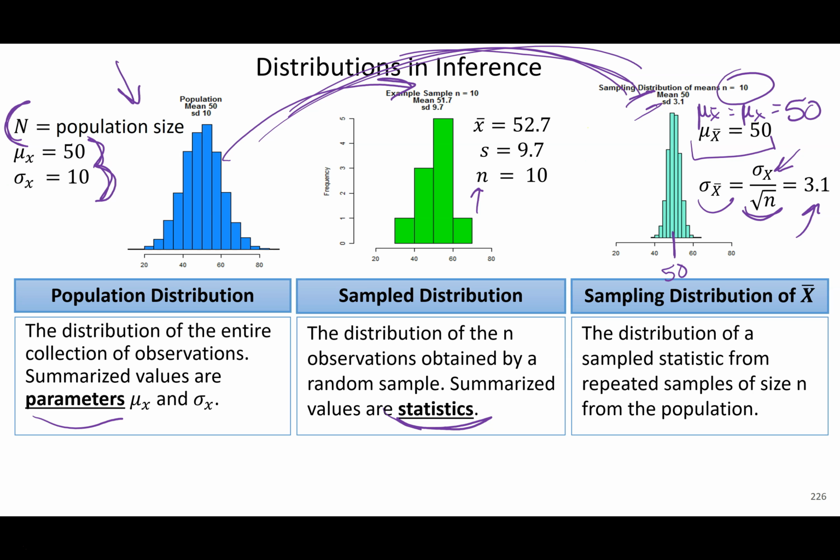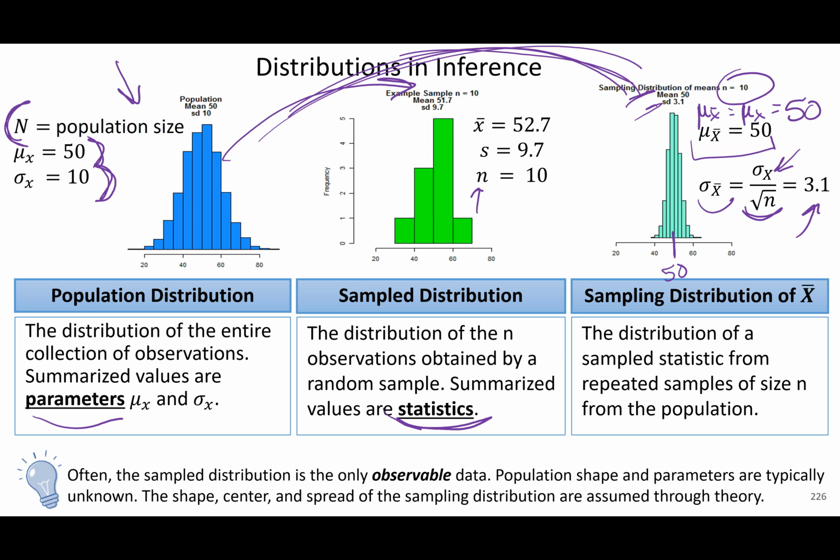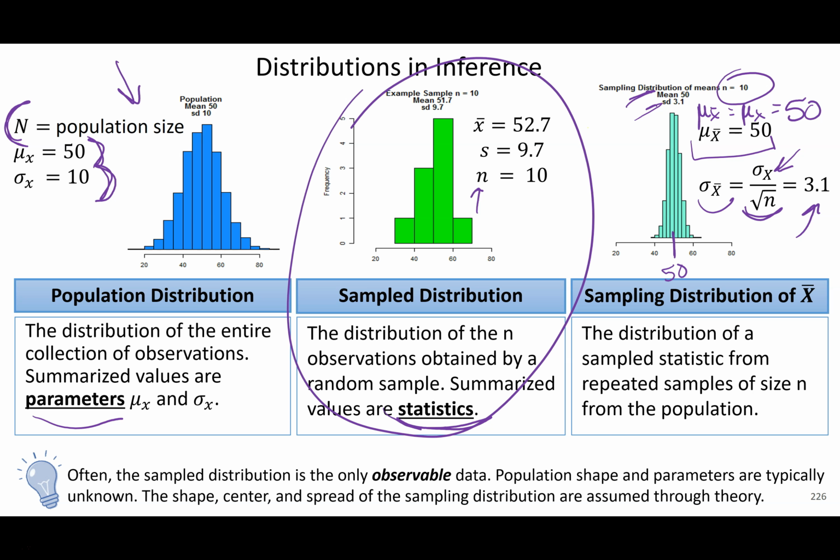Unfortunately, it's not likely that we're going to be able to view all three of these distributions. Typically, the sampled distribution is the only one we actually get to observe. We would love to have the population distribution, and we would love to have the sampling distribution of x bar.